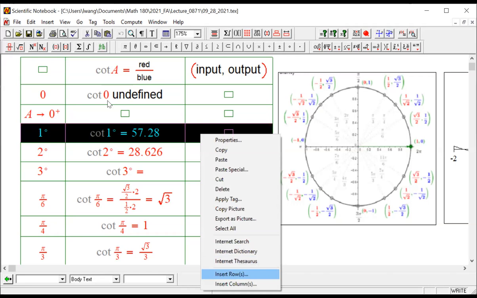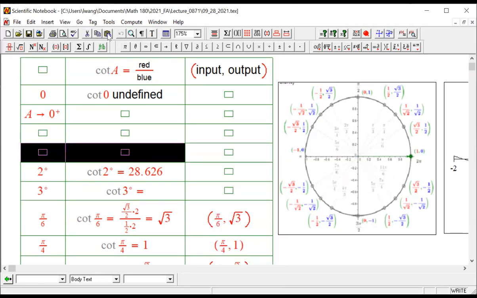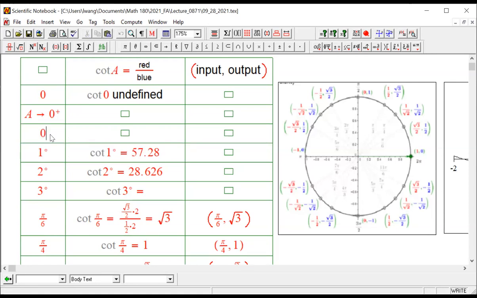How about we try one more? I give you 0.1 degree. It's even closer to 0, right? Are you guys with me? We want to observe the pattern. Cotangent 3 equals 1908.